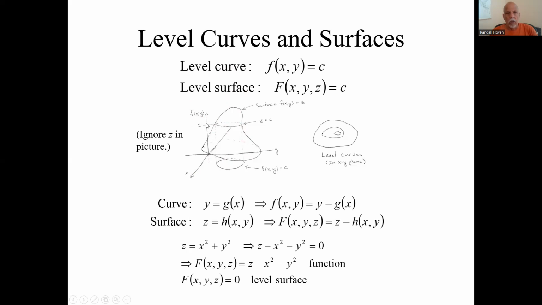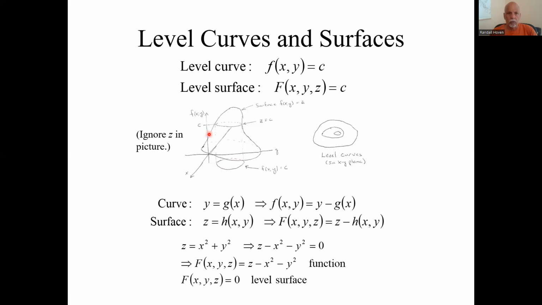If I freeze the value of that function, meaning I take some constant here and set this function equal to that constant, it's like taking a slice through that surface. So down here in the xy plane would be a level curve associated with this surface.